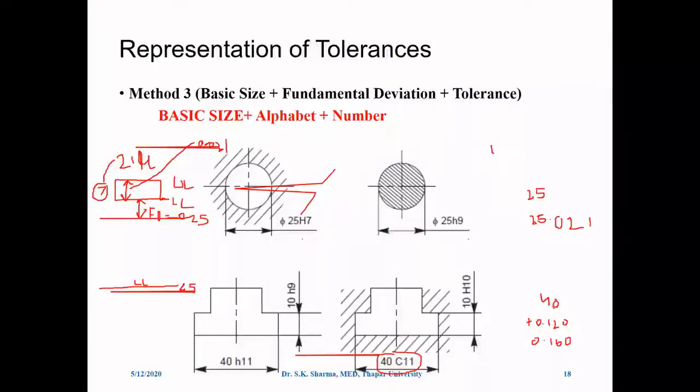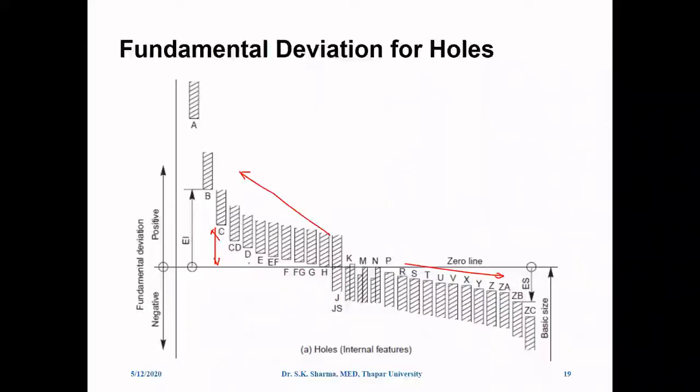So if your basic size is 40, if this line represents 40, then C means this is 120 microns. So what is this size in the positive direction? This level will be 40.12.